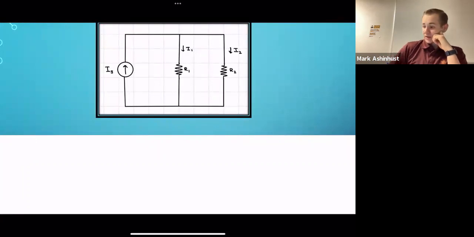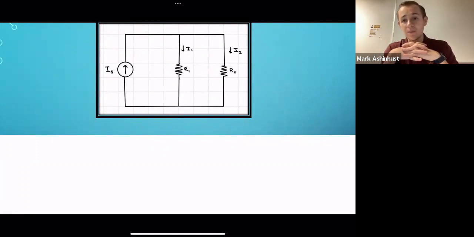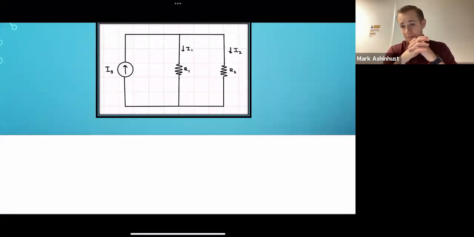A large difference between this and voltage dividers is that in a voltage divider, the resistance of the sought voltage is the one in the numerator. For a current divider, that's the opposite. So if we wanted I1, the resistor that's going to be in the numerator when we divide is going to be R2.